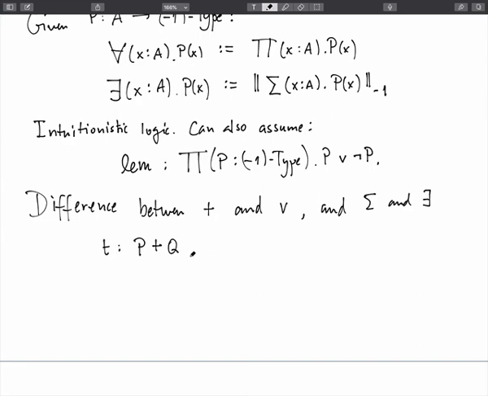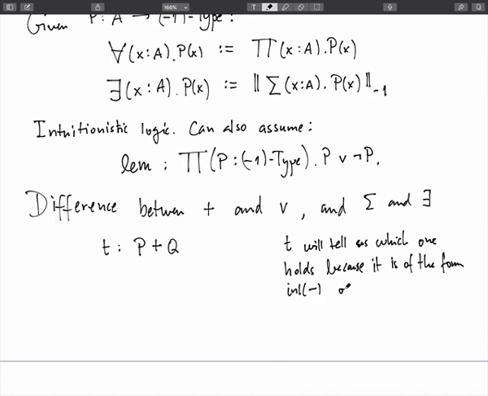So if I have an element in here, t will tell us which one holds. Why? Because every element here is of the form in left of something or in right of something.